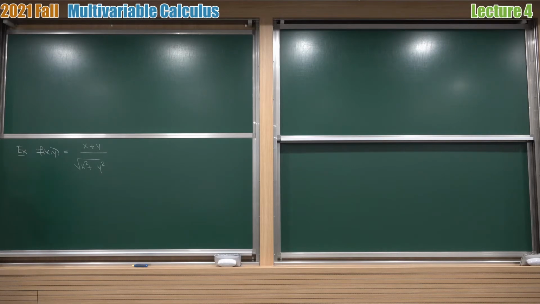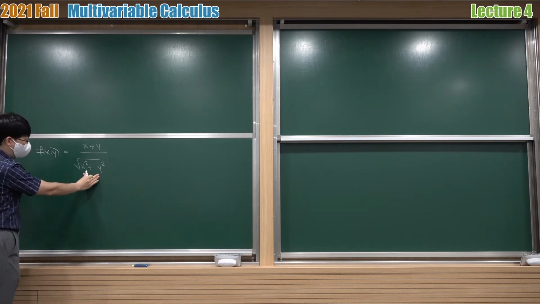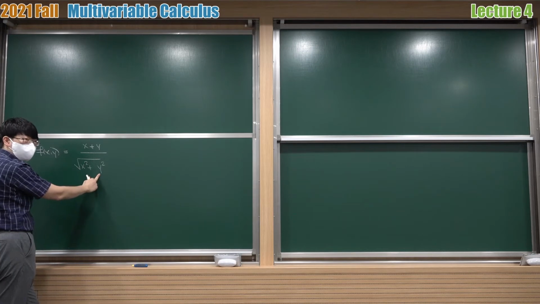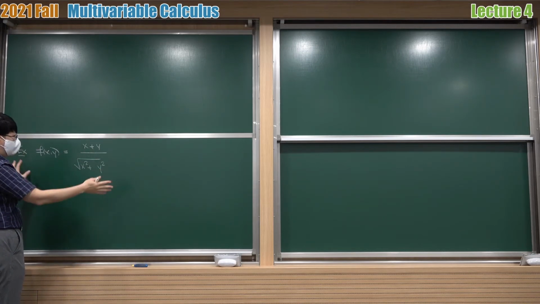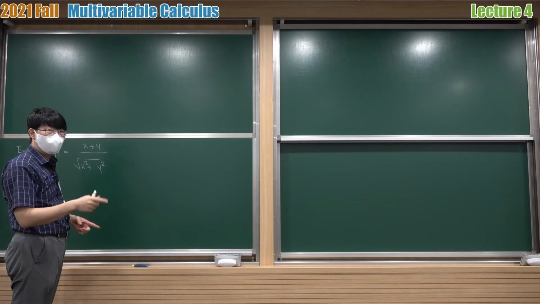And let's say this function is defined as long as this denominator is not 0. The denominator is 0 only when x and y are both 0. So this function is defined in the entire plane except for the origin.